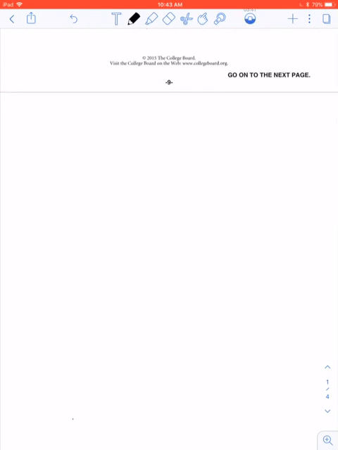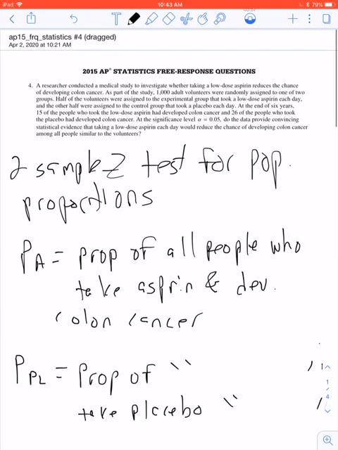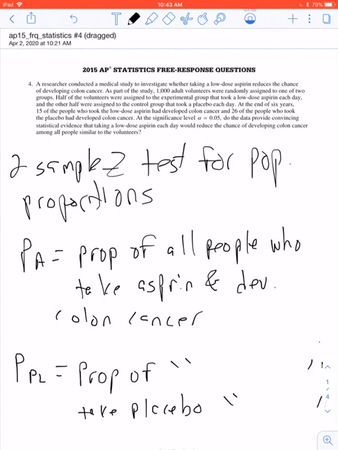After we've stated our hypotheses and our procedure, we need to check the conditions, right? And we have three conditions. The first one is, did we have random samples? Now, this one, it's not a random sample because it says that the people were volunteers. But if you really think about it, I shouldn't say that.